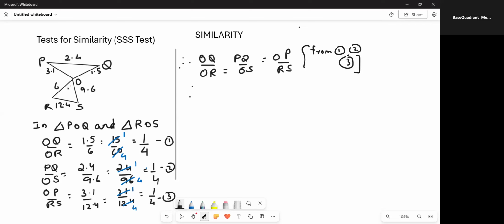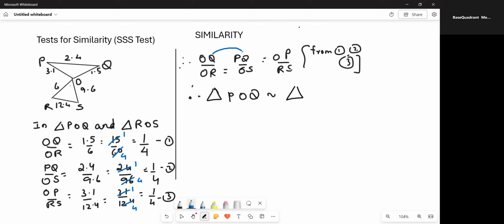Now, since the three ratios are equal, three pairs of sides have equal ratio, therefore it is SSS test, three sides. Therefore, triangle POQ is similar to, now how do we write the order of the second triangle? For that, again, compare the two numerators here.